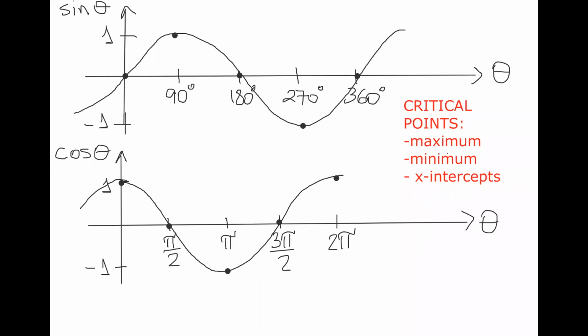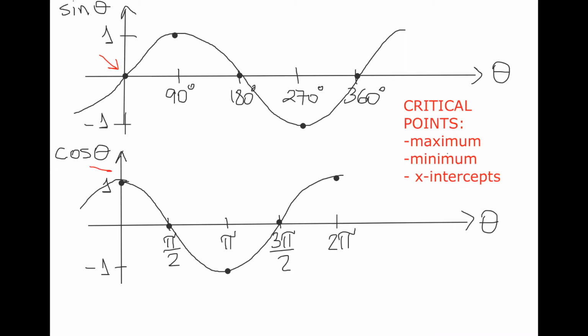So what we're going to look at today is finding or identifying the critical points on a sine or cosine curve. And the critical points are either the points of maximum, the points of minimum, or the x-intercept. If we take a look at our sine function up here, the first critical point on the sine function is an x-intercept.